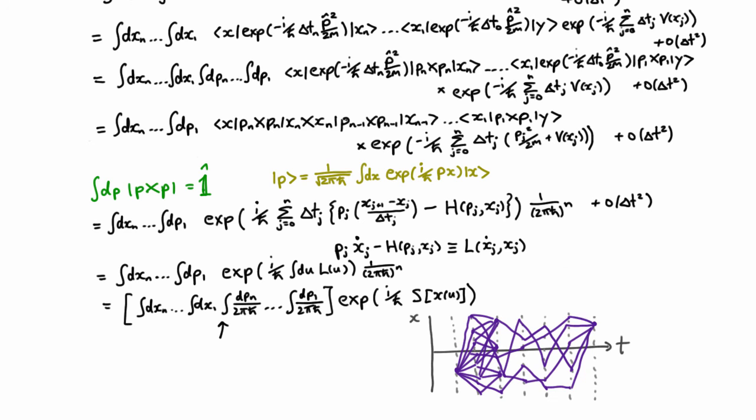They don't have to follow any kind of laws of mechanics. But if you add them all up with the phases associated with their action, then what you get is the propagator to get from the original point to your final point. And so this is defined as, if you will, the sum over all the paths. And we have our result.